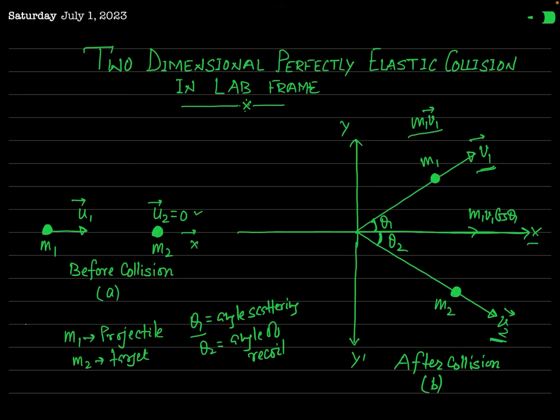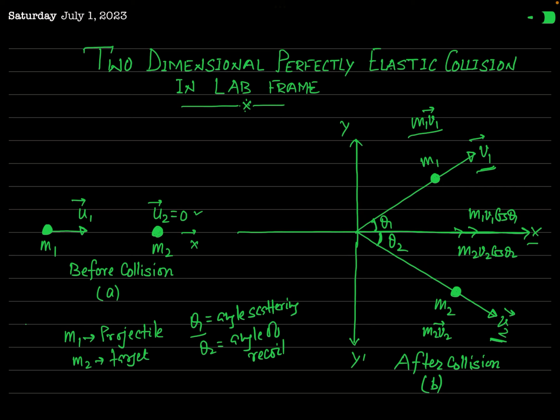Similarly, the x component of the momentum of m2, which is actually m2 v2 after collision, is along the positive x-axis, and this will be m2 v2 cos theta 2.